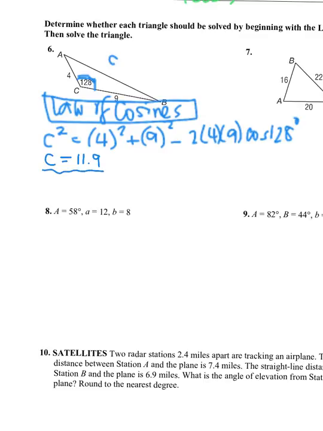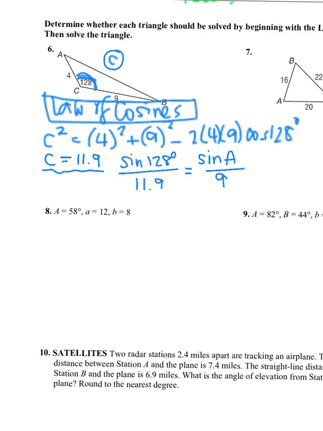Now what's great is because I have an angle and a side opposite, a pair, I can use the law of sines to find any missing pieces. So sine of 128 degrees over 11.9 is equal to sine of angle A over 9.